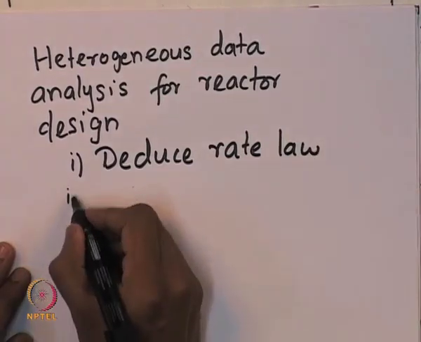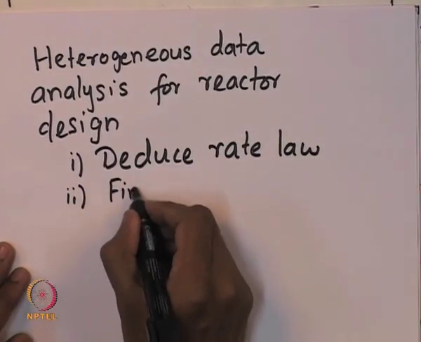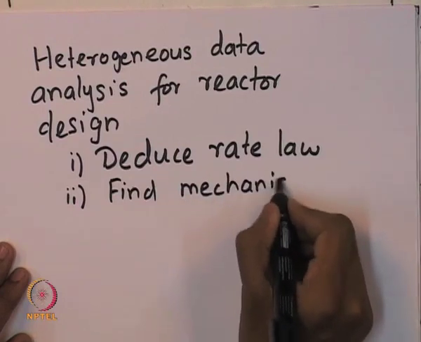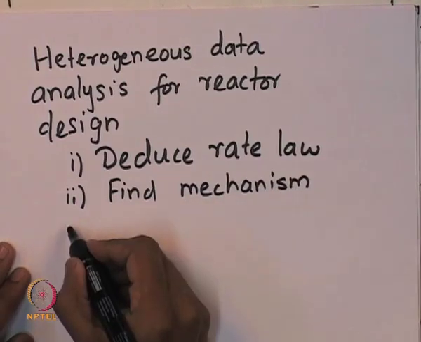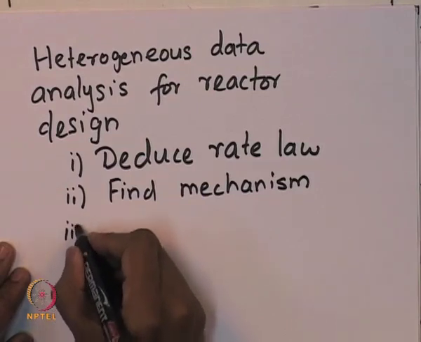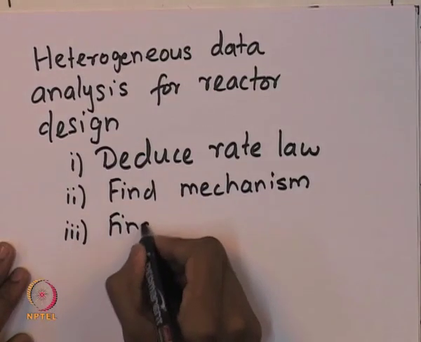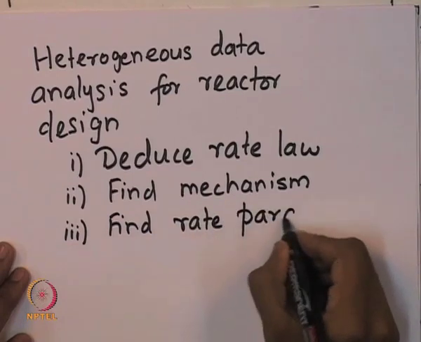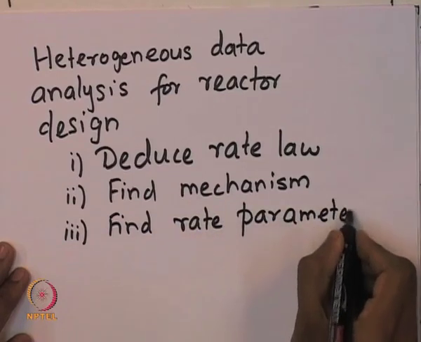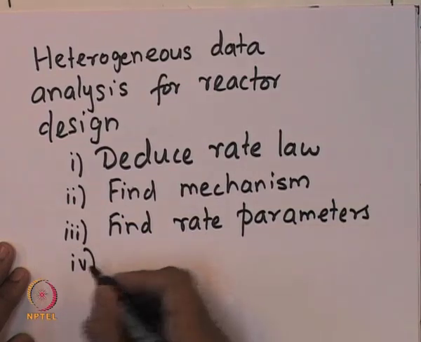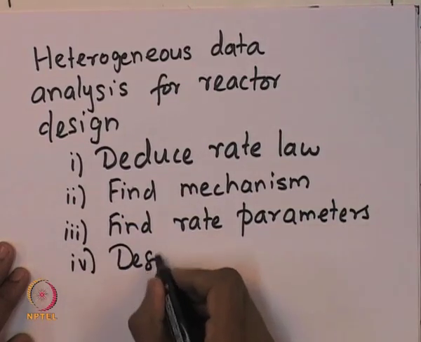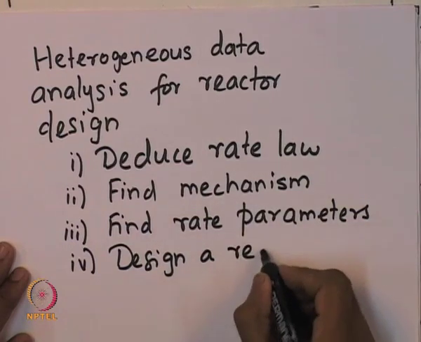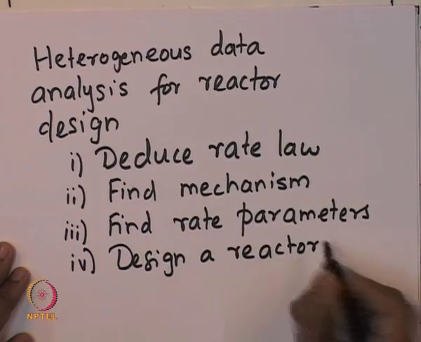The second step is to find the mechanism behind the reaction, and the third is to find the rate parameters, and the fourth step is to design a reactor using all the information that has been found from the previous three steps.